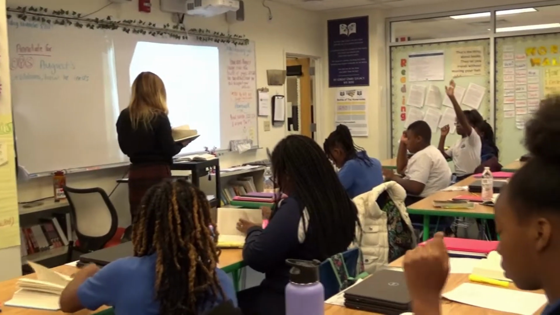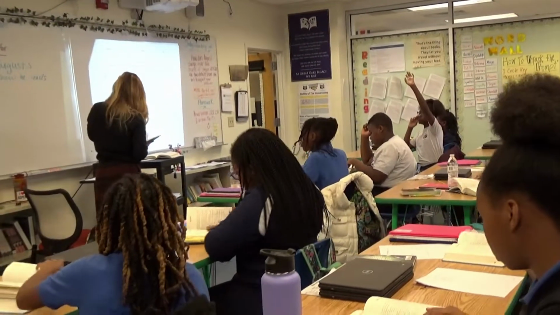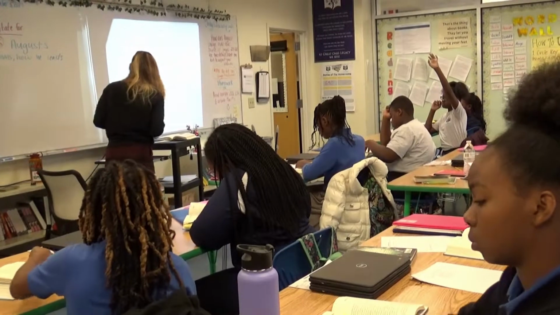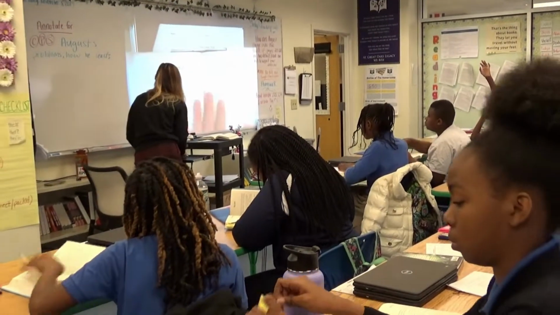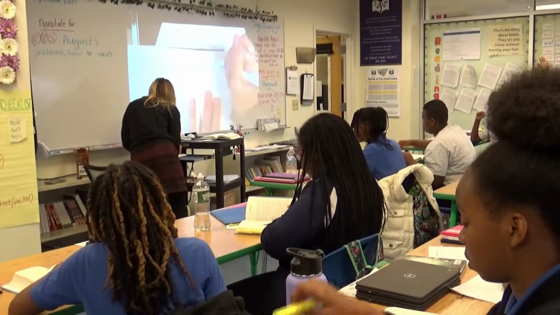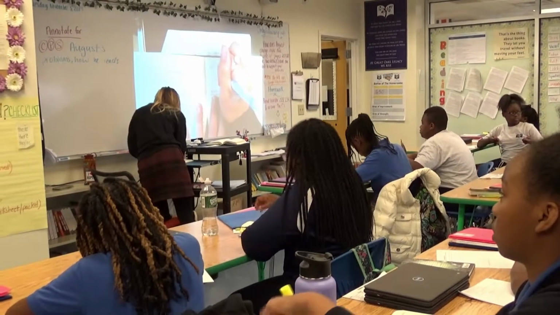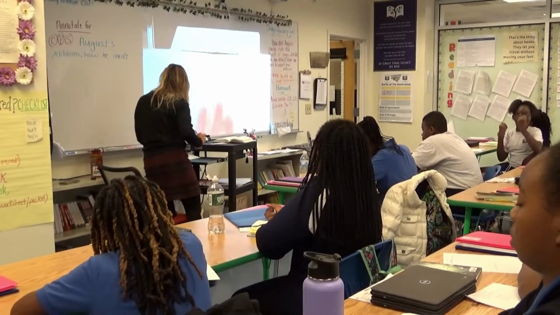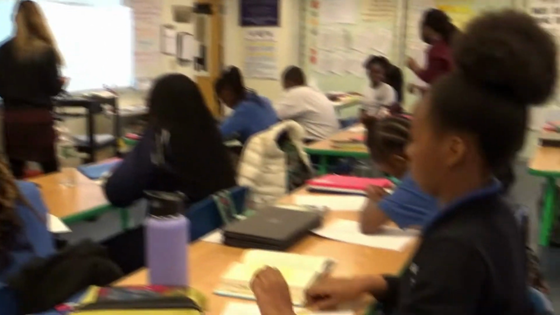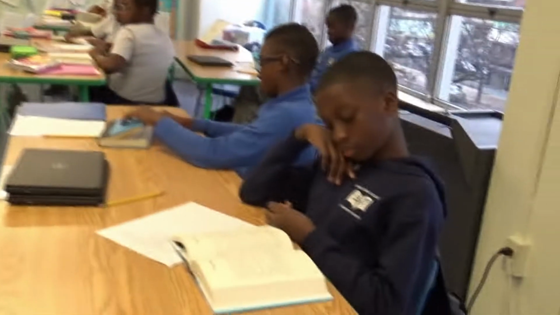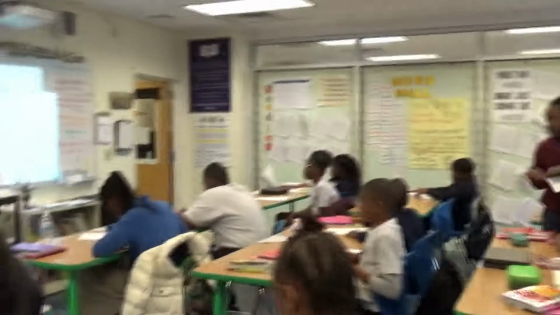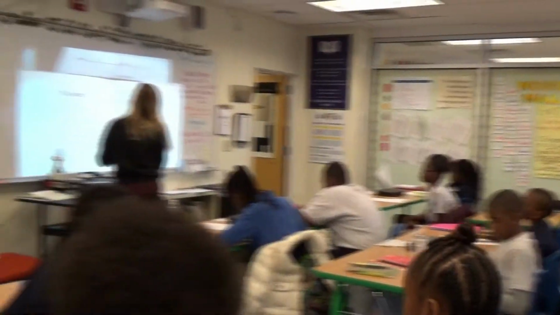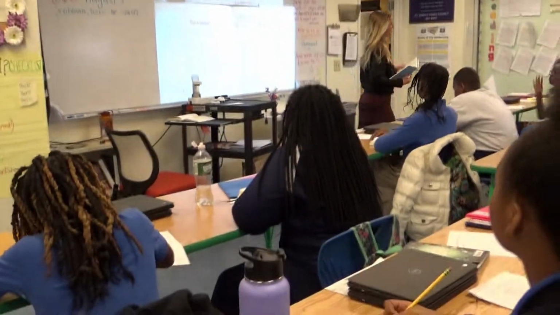So everyone should be on page 217. And on the top of the page, we're going to mark our annotation focus for today. It's on the board as well. But we're annotating for character, problem, and solution. And we know we're reading from the point of view of August.